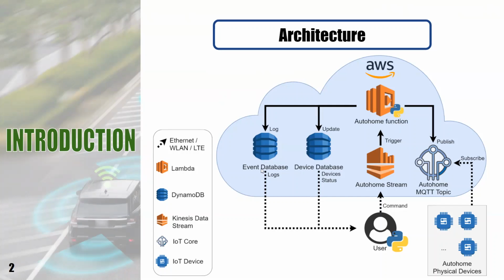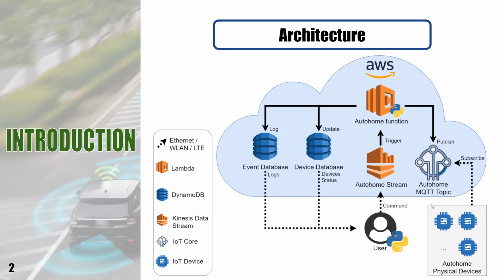I deploy two databases here. One is called the device database, which stores the devices' status, and one is called the event database, which stores the logs. After updating the two tables, my Lambda function also publishes this message to IoT Core using an MQTT topic.